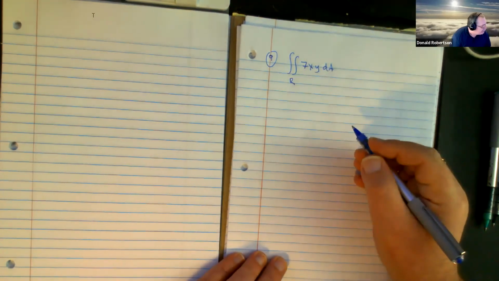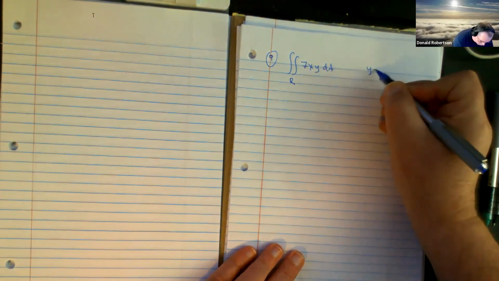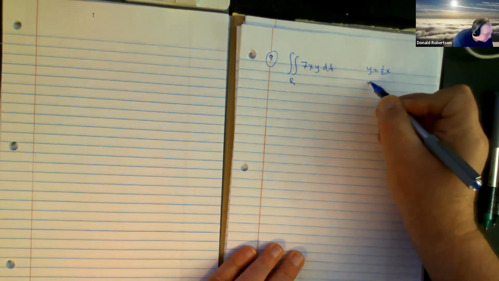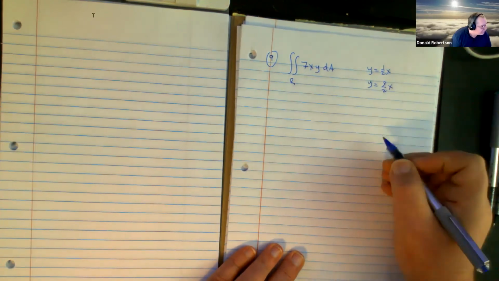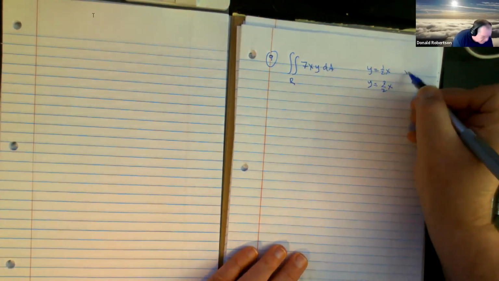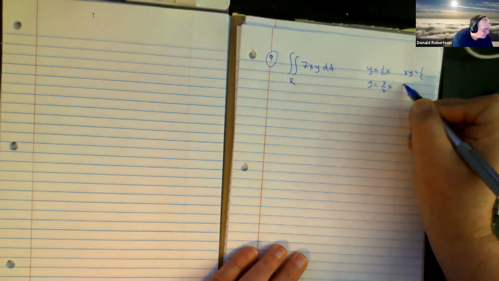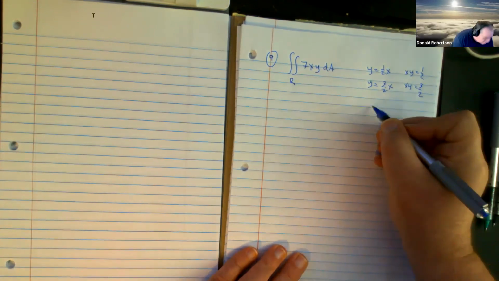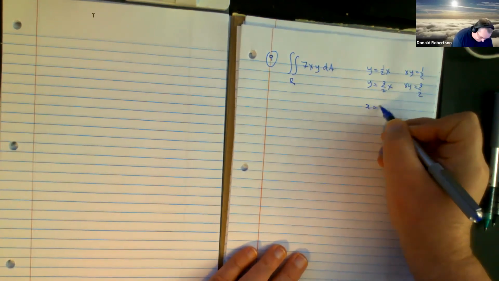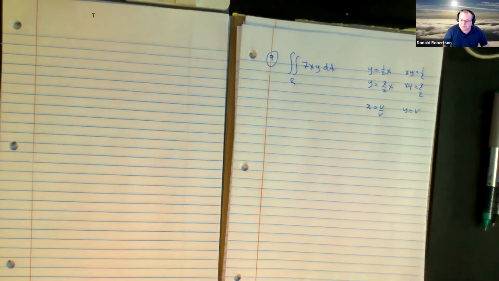The region R is bounded by the lines y equals 1/2 x and y equals 3/2 x. It also has a hyperbola xy equals a half, and another hyperbola where xy is 3/2. And thankfully they told us who x is and who y is, so that's at least something.